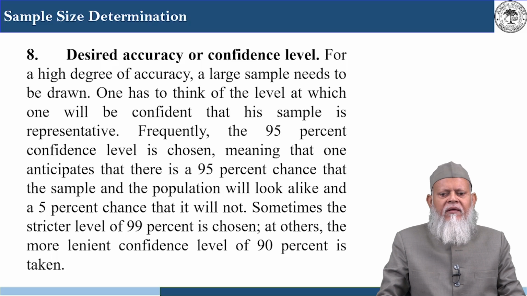That a 90% confidence level means there are 90% chances that the sample and the population would look alike, and only a 10% chance that they would not. But this level of confidence is considered lenient, and of course 99% is very strict. So basically the advisable thing is that one should limit his or her confidence level to 95%.